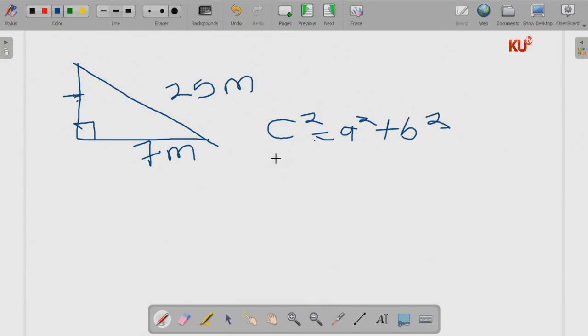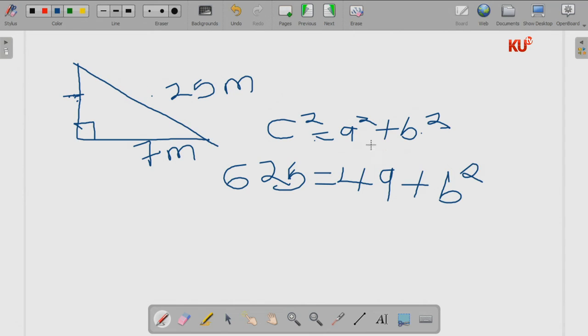Then what do we do? C is 25 because it's the longer side. We say 25 times 25 gives us 625. A square is 7 square, which is 49, plus b square, which we don't have.